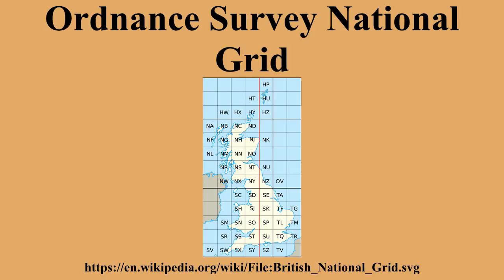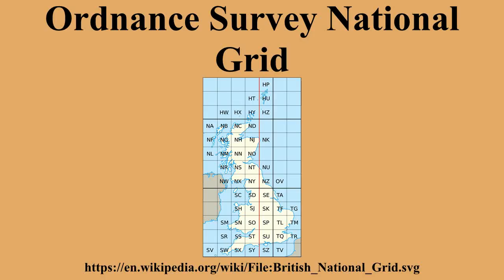Grid letters. For the first letter, the grid is divided into squares of size 500 km by 500 km, outlined in dark gray on the map to the right. There are 4 of these which contain significant land area within Great Britain: S, T, N and H. The O square contains a tiny area of North Yorkshire, almost all of which lies below mean high tide.